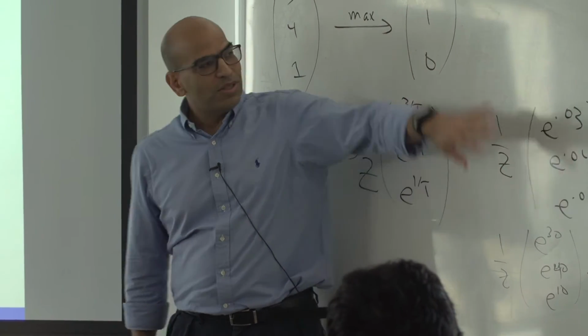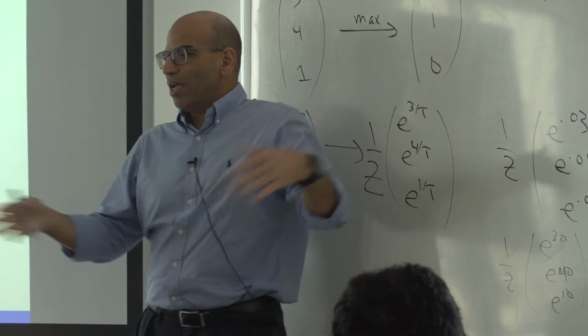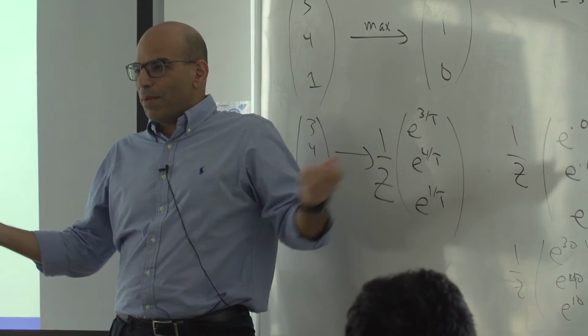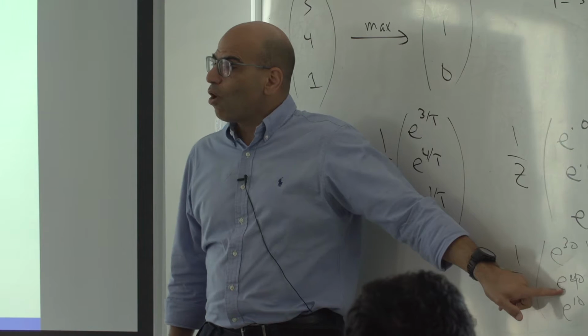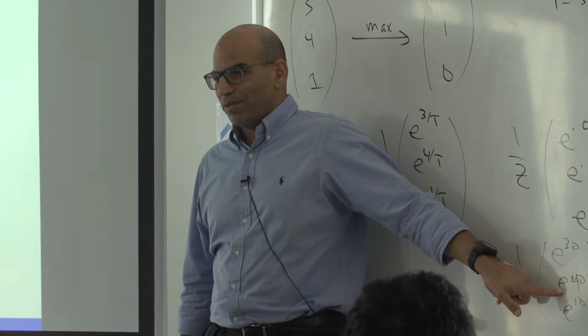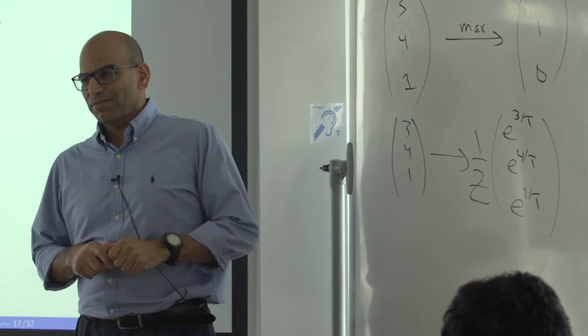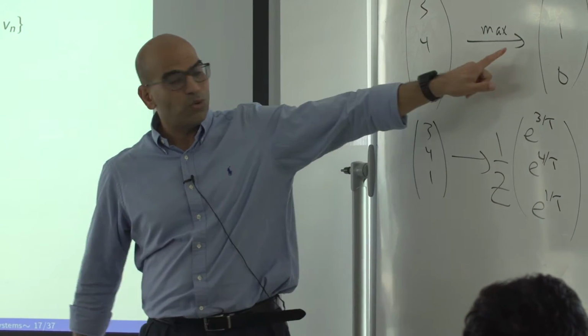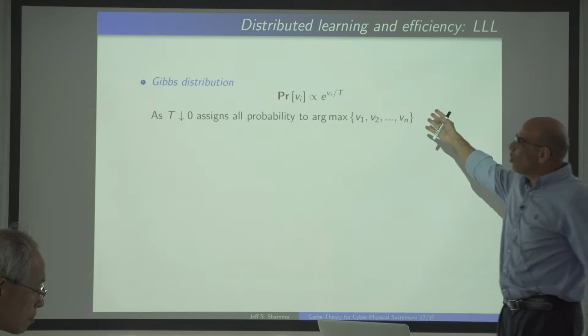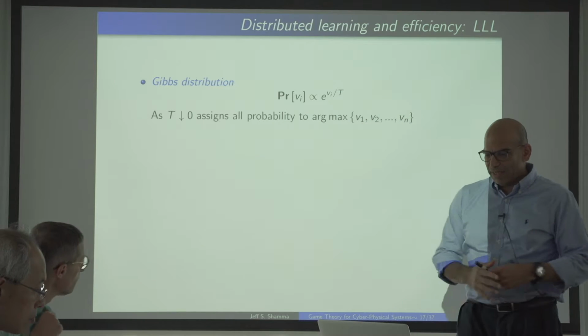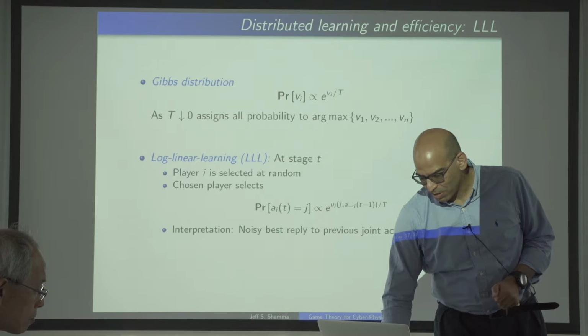So you see when the temperature is large, it picks something at random. When the temperature is small, it strongly favors the maximizer. But there's always a probability of selecting something else, okay, other than the true max. So sometimes this is called the soft max, but we're going to use the Gibbs distribution.